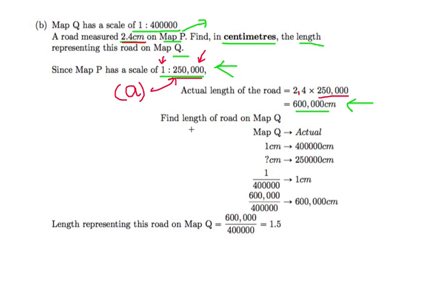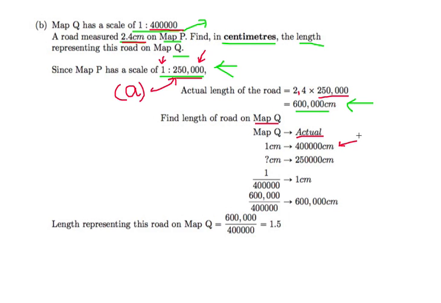Then you want to find the length of the road on map Q. So on the map, how long is the length? You got the actual one, and you got the scale here, which is 1:400,000. This is from the scale.